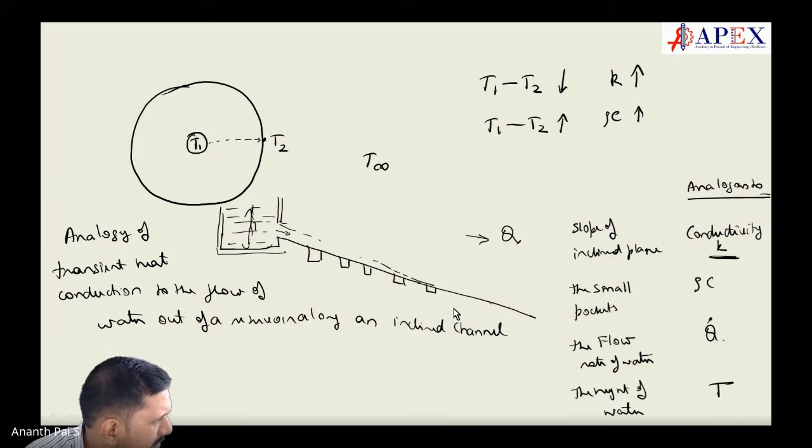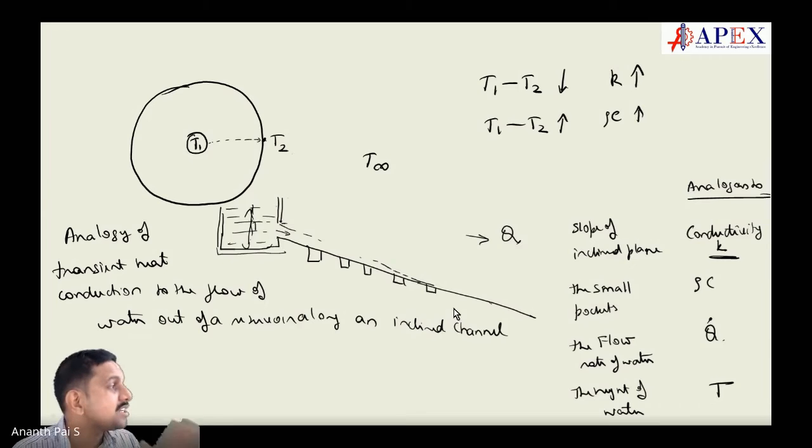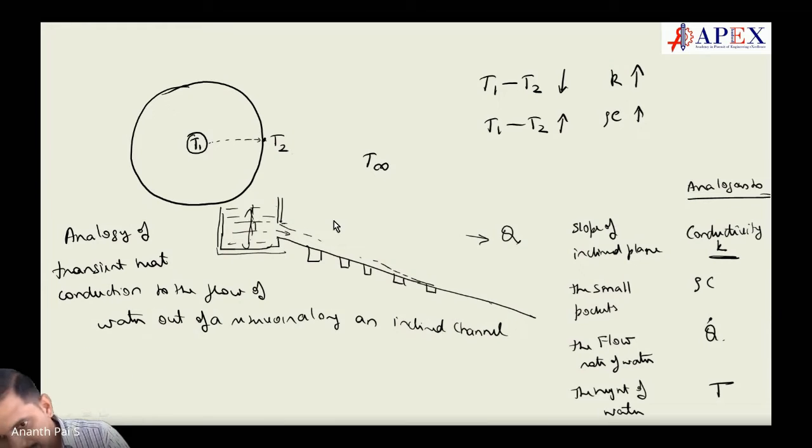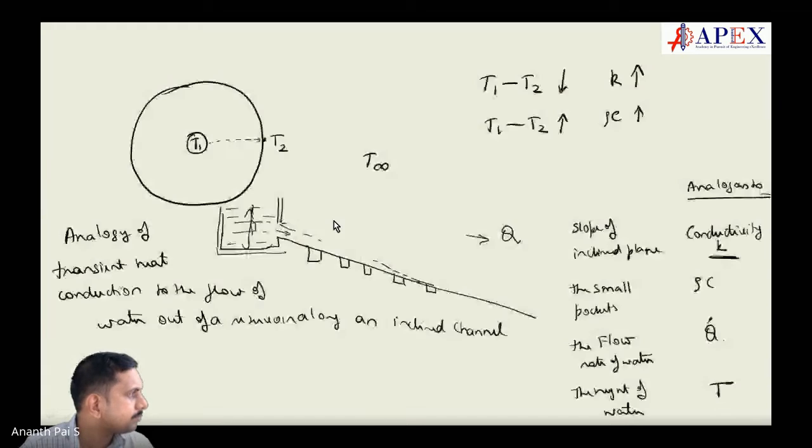Ram said no words. Rho C: rho is density, C is heat capacity. You know what is heat capacity? Specific heat is the amount of heat required to raise the temperature by unit temperature for 1 kg of the fluid. Done, everyone? Good. Good. Right. Neat.